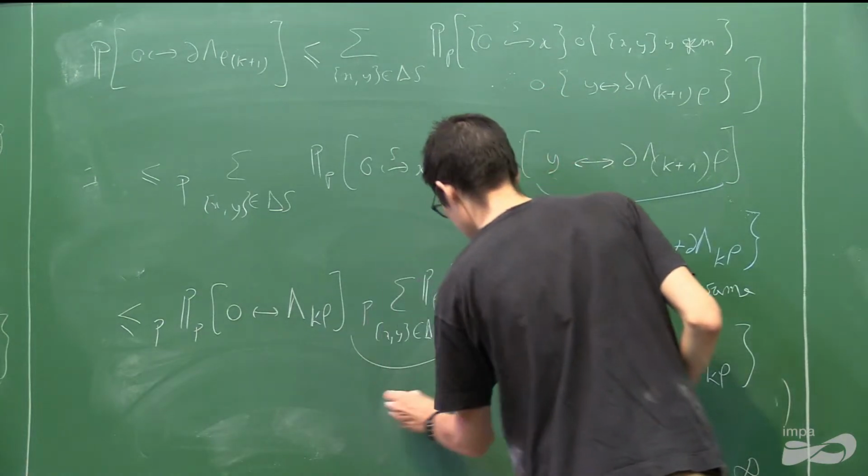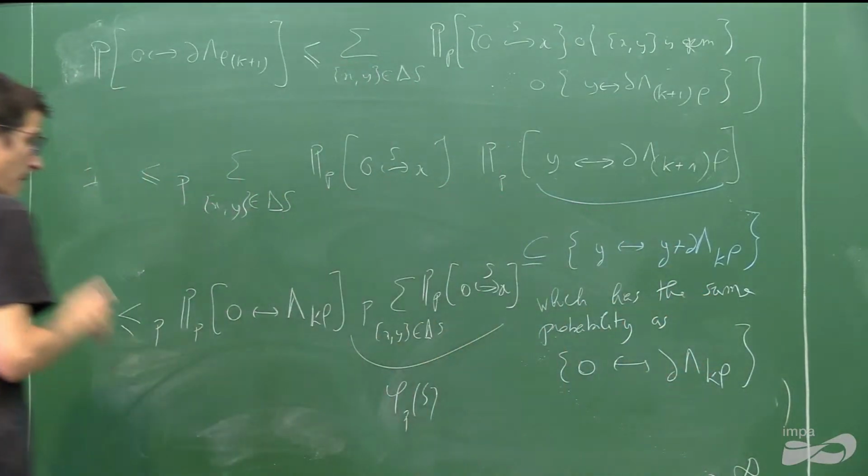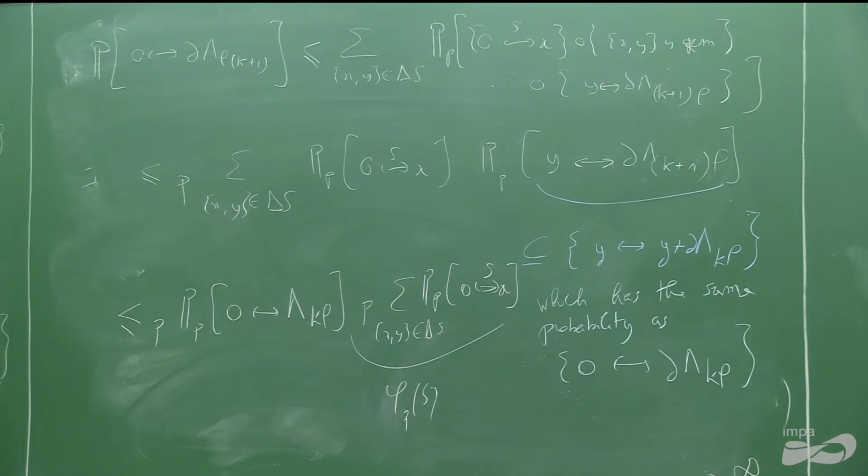And this thing is just phi p S. And I have no p here because the p is here. And this is just what we need for the induction step.